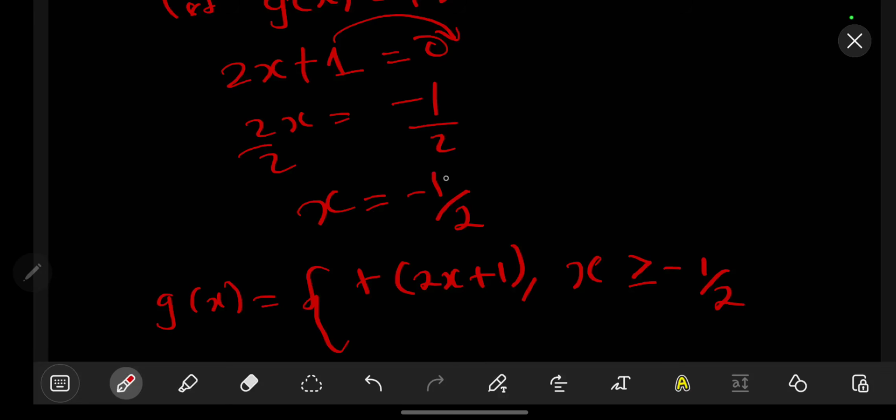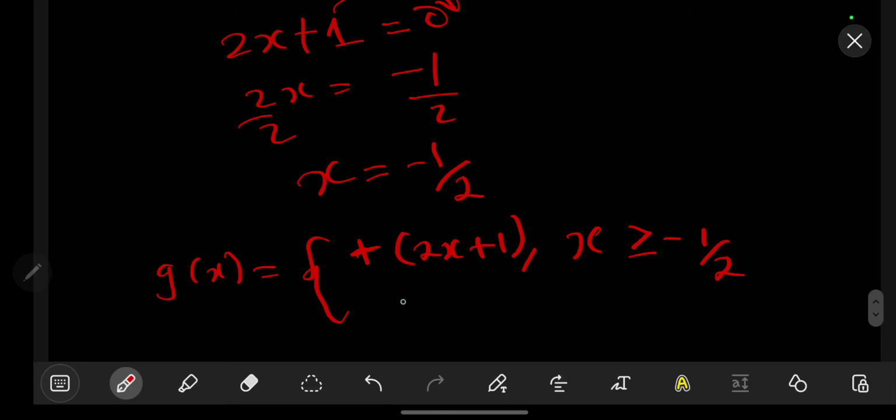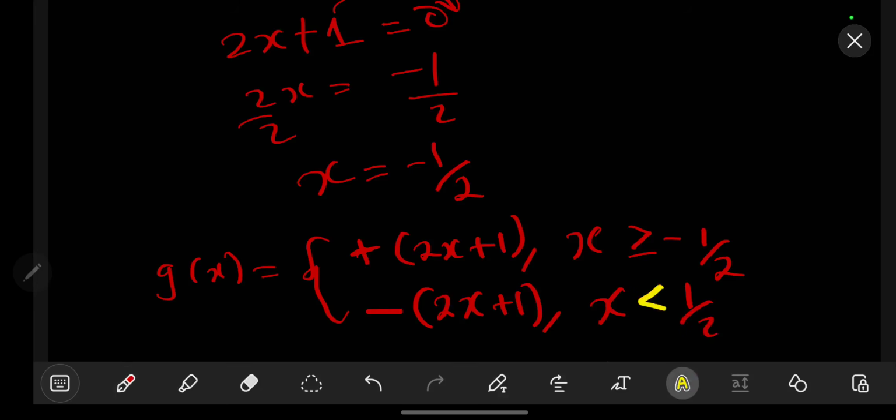Then for the second part, when you add a negative, it shall be negative 2x plus 1. Then you're going to say x should be less than negative 1 over 2. Remember, take note, it's just less, not less than or equal to. Because if we add less than or equal to, it's no longer a function, because a function cannot have two values for different parts, which we looked at.